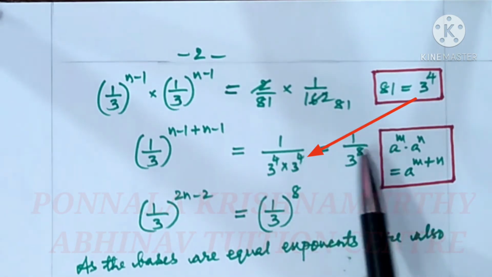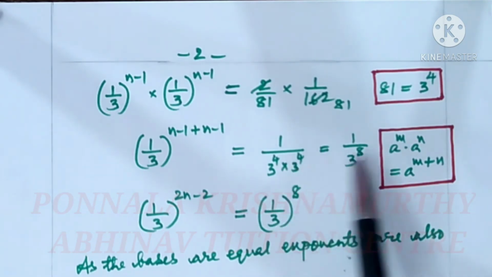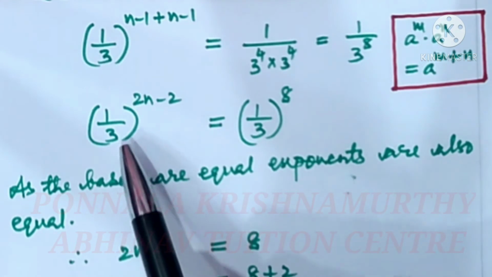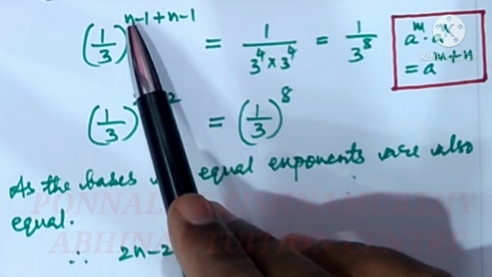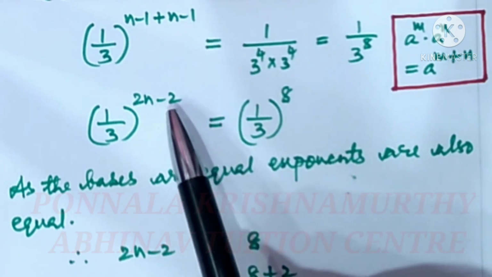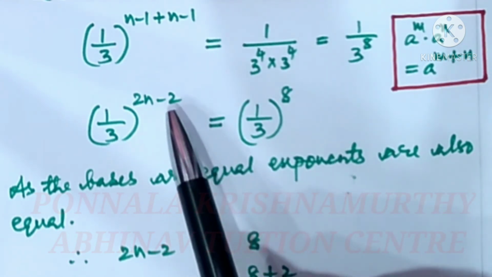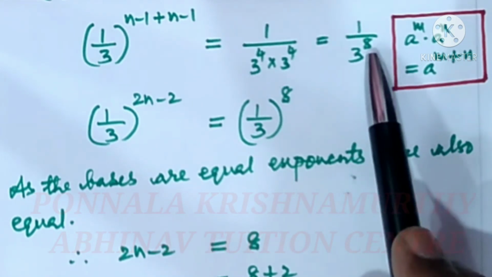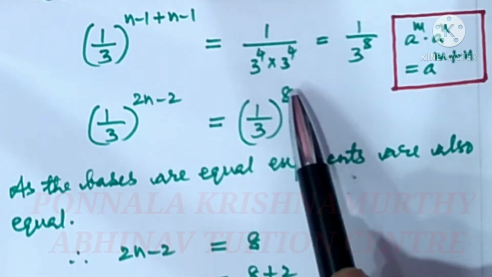Then this becomes 1/3 power 8. Now (1/3) whole power n plus n is 2n, minus 1 minus 1, same sign, addition, same sign, minus 2. That is equal to 1/3 power 8 becomes (1/3) whole power 8.